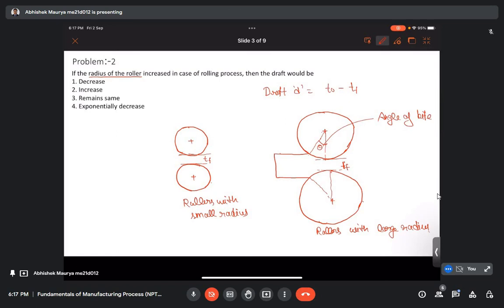And as I told, you have to assume all other things constant except the roller diameter. So here for both cases we are considering the angle of bite is theta. Here also angle of bite will be theta.